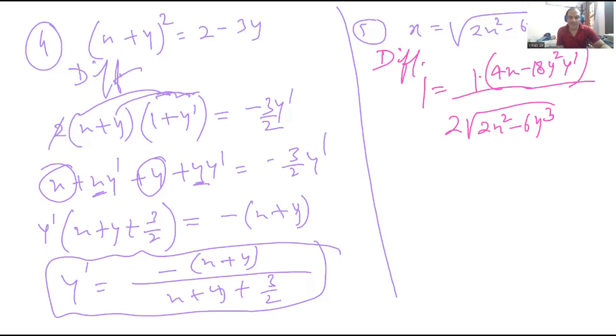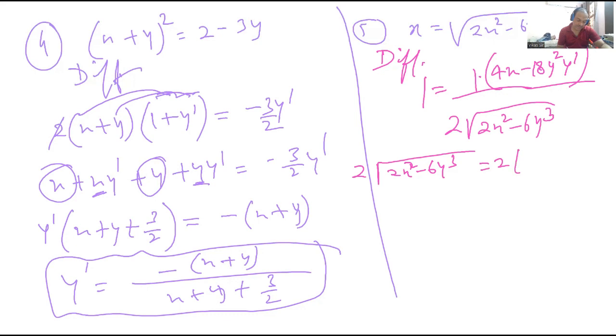Okay. Now we need to find the value of y dash. The first thing I can do is bring this square root to the upper side. Then, while putting it here, I will be having twice under root 2x squared minus 6y cubed. And on this side, first I can take the common part. This is 2, I can take common.